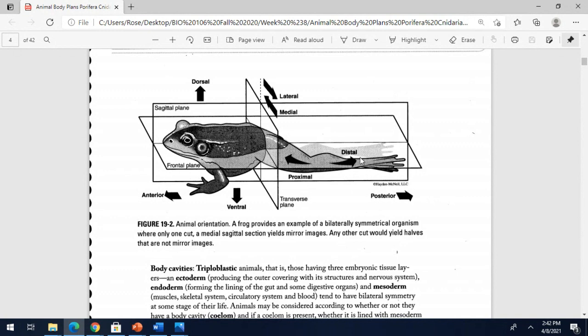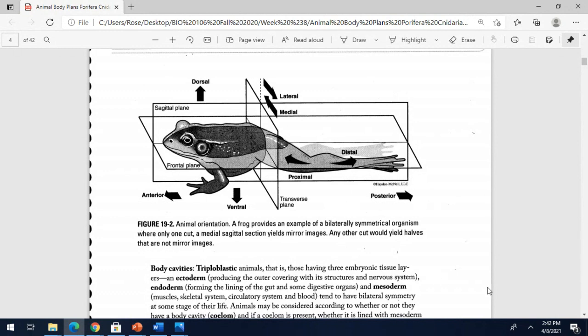Proximal and distal. So when you're doing identification or positioning your organism when you're doing dissection, it's very important to know the animal's orientation, because you will need to know that for your clam dissection and your oral quiz and your final practical.